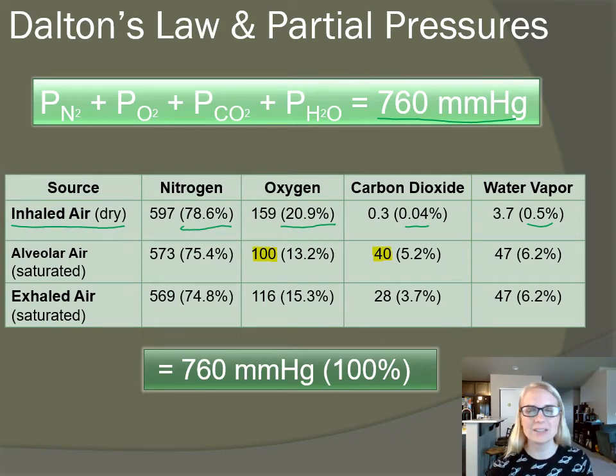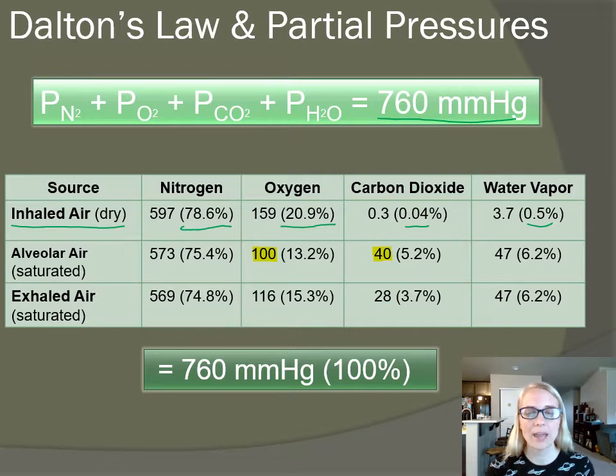And nitrogen isn't so much. It's not very soluble. It doesn't go into solution as easily as carbon dioxide and oxygen. And then water vapor is just a very small percentage of the gases we're going to be looking at. So we're primarily concerned with oxygen and carbon dioxide, but we have to take a look at the bigger picture. And so that's why we're talking about some of these other gases.